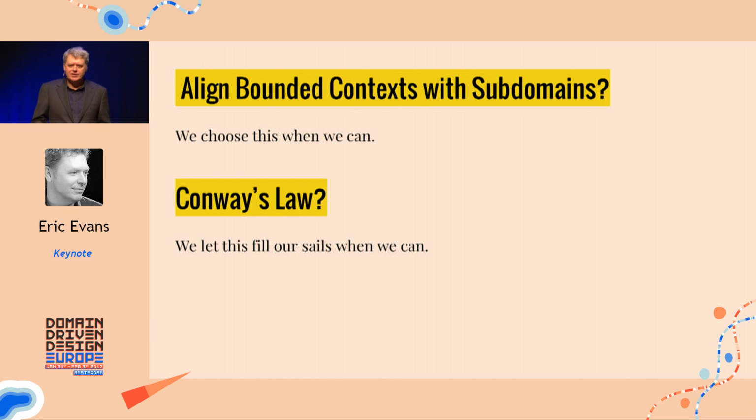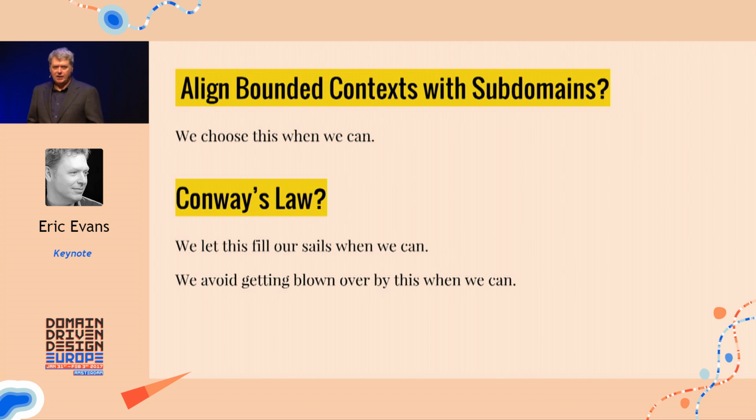Sort of filling our sails. So we have to be kind of conscious of that force that is a real force on a software project. And especially we want to not get in the way of it, right? Not be flattened by trying to fight against the organizational structure.